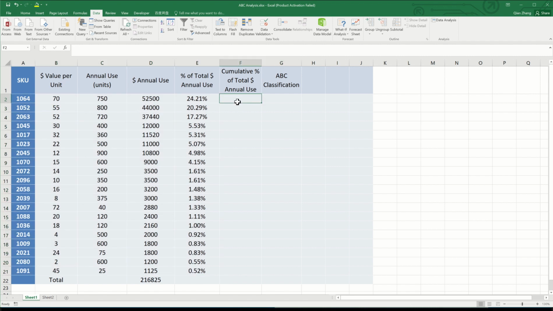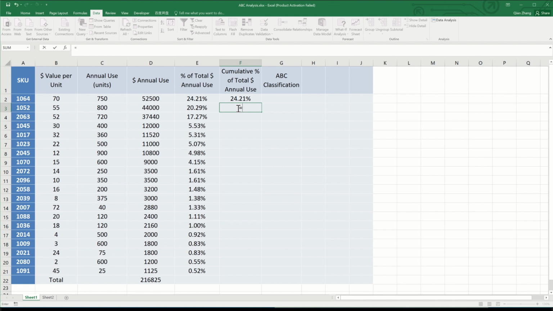And then, according to the percentage of total value, you will be able to compute the cumulative percentage of the total dollar annual use. The cumulative for the first one equals the first value, because we only have one SKU here. But for the second, this cell represents the cumulative percentage of the total value.